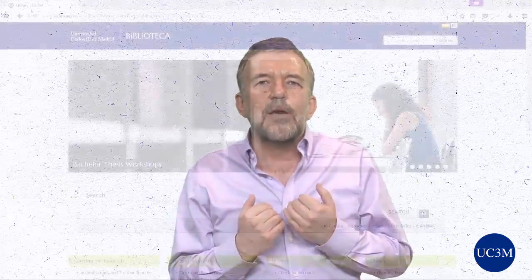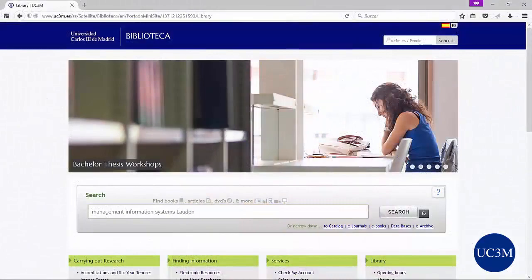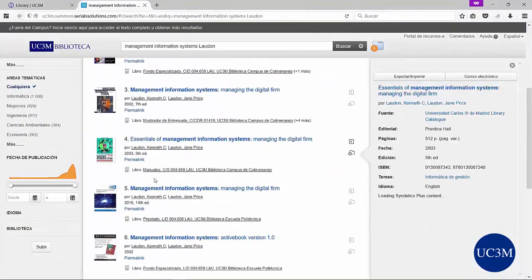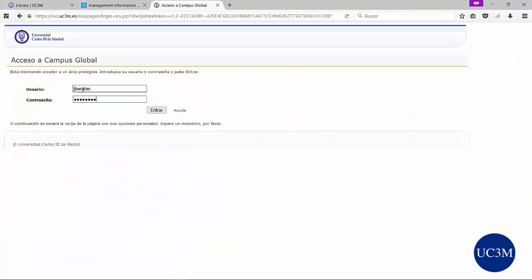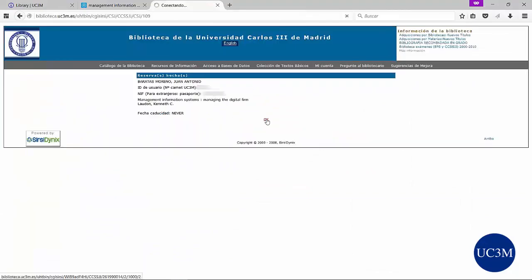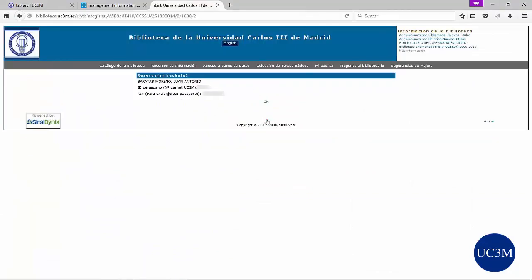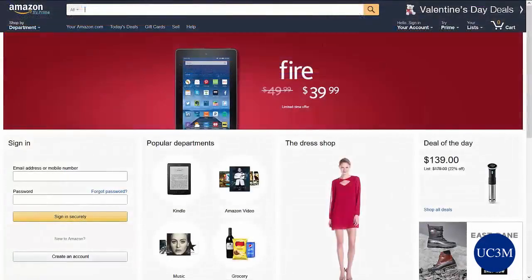Let us, however, try to understand their key traits by looking at a few examples of management information systems that we use in our daily life. Assume you want to reserve a book from our university's library. You would enter the book's name, locate it in the book's database, identify yourself, and if authorized, mark it as reserved. Or rather, assume you would like to buy it in Amazon.